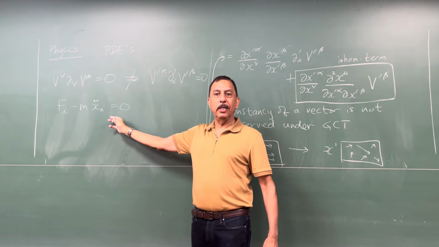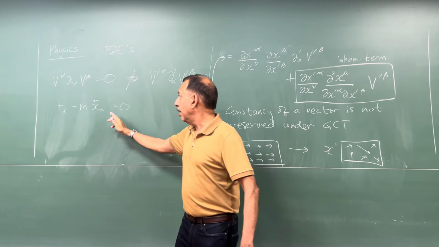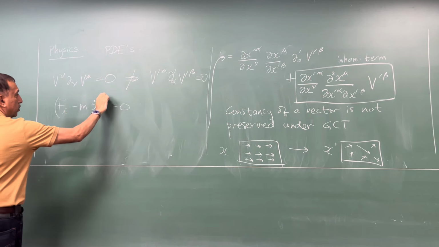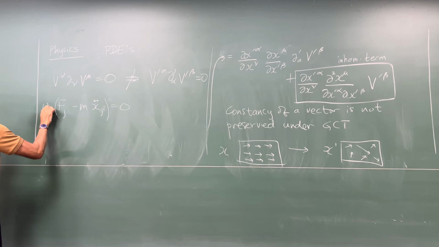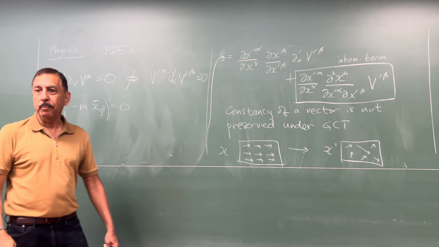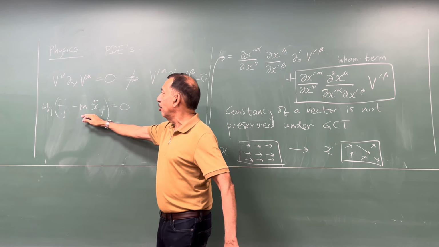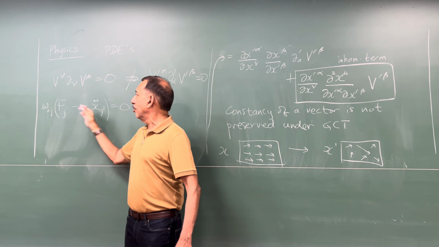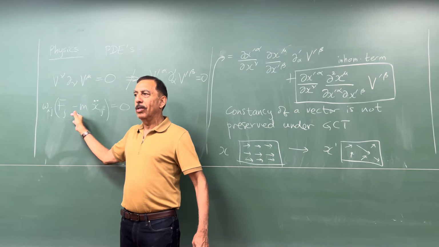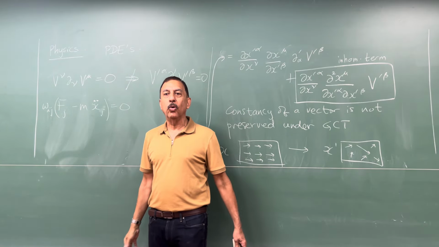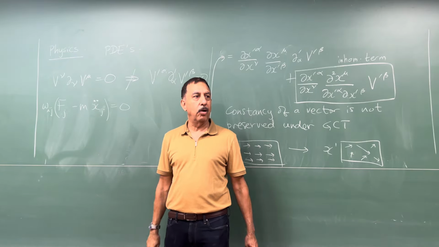Because it's rotationally invariant. What is the good thing? Under rotation, both F and x transform the same way by the rotation matrix omega ij. Now, if this was 0 before, then this whole thing is still 0 because that's an invertible matrix, so therefore this thing has to be 0. So the physical law is the same in all rotated frames, and that's a great thing about Newton's law.